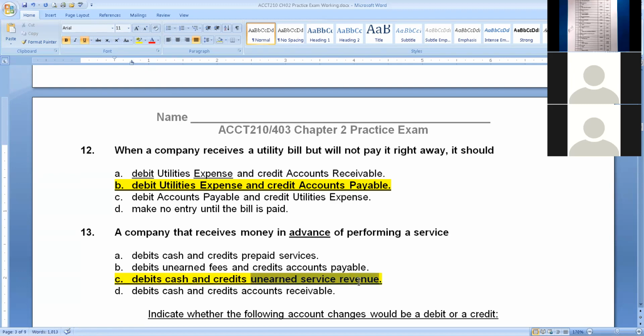Unearned revenue, unearned service revenue. What kind of an account is that? Do you remember? I believe it's under liabilities. Yeah, it's a liability.